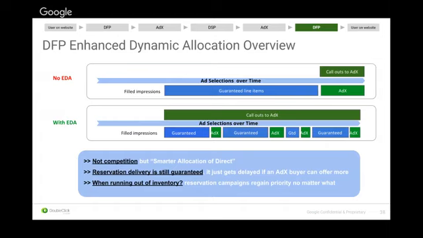DFP uses a feature called Enhanced Dynamic Allocation, EDA, to have DFP campaigns compete against ADEX. If we look back in time before EDA, what happened was that DFP had served first all guaranteed line items and then had ADEX win on any remaining inventory.